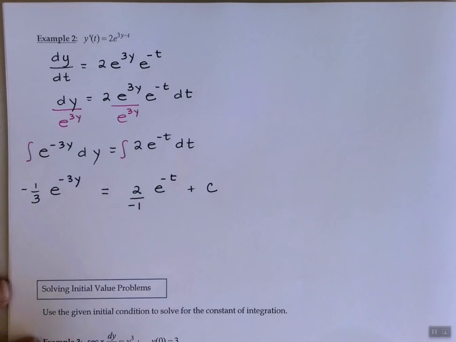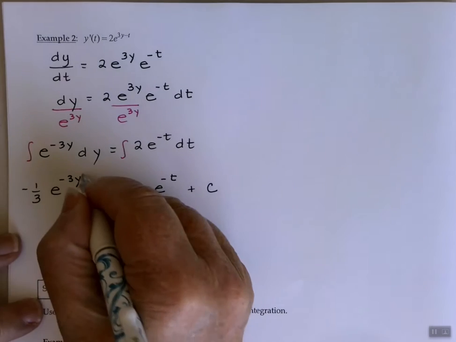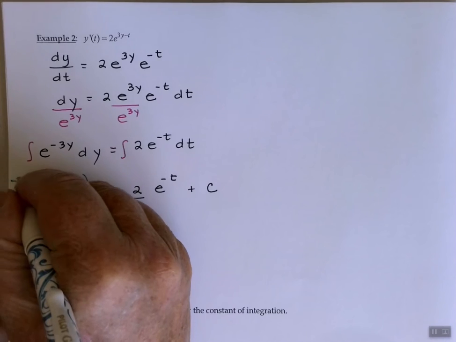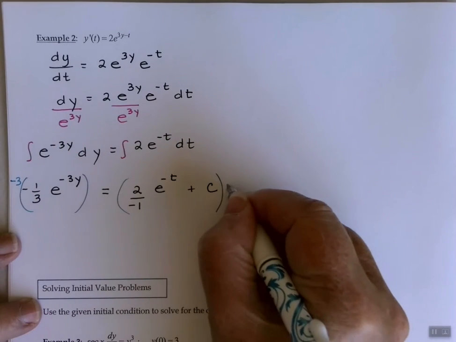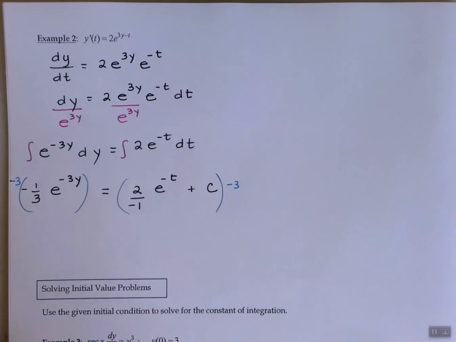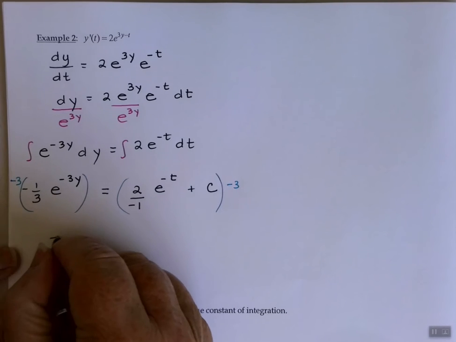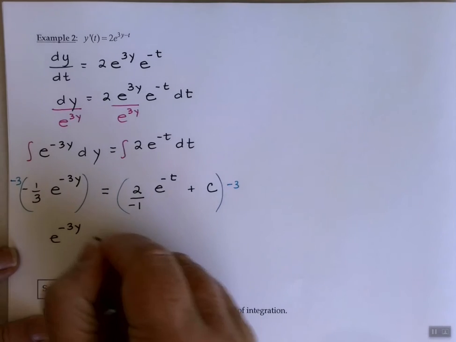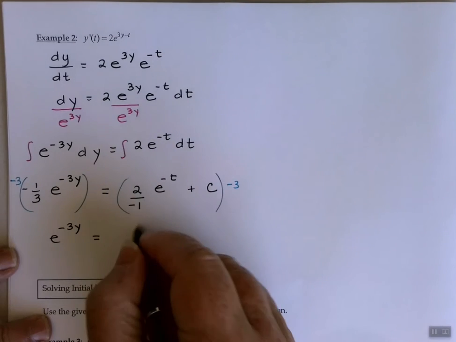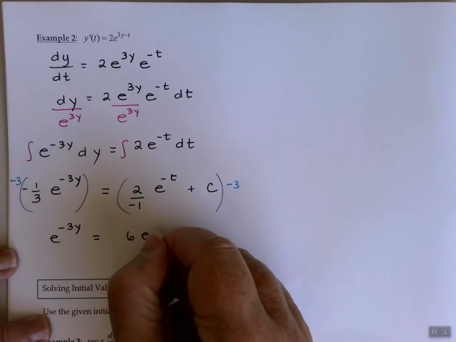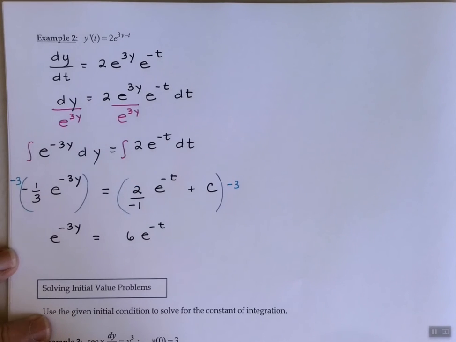All right, I've got the general solution, but implicitly I haven't solved for y yet, so let's go ahead and do that. I'm going to multiply through both sides of this equation by negative 3, just to clear the fraction there. So that's just going to make that a 1, e to the minus 3y equals, that'll be a positive 6 e to the minus t.